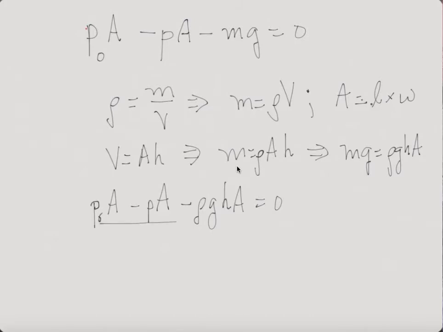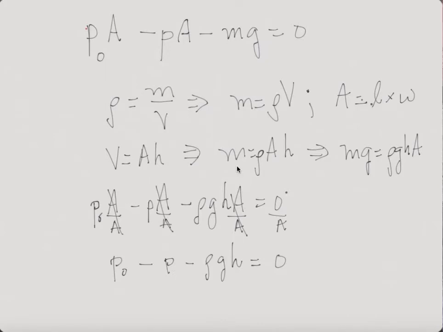We can divide this side by A, and we'll divide this side by A. So this is going to end up being P initial minus P minus rho G H all equals 0. The A's cancel, and then 0 over A is just 0.